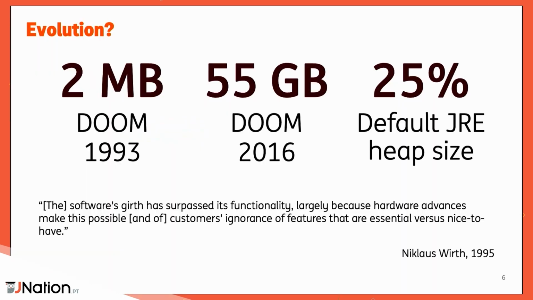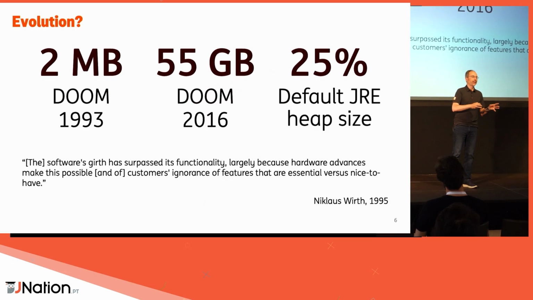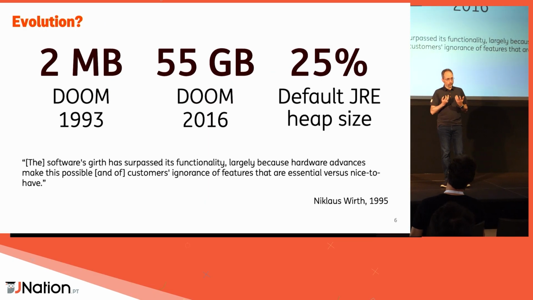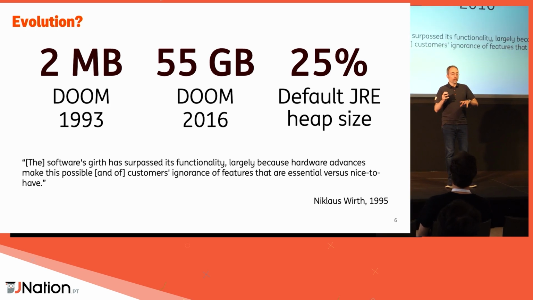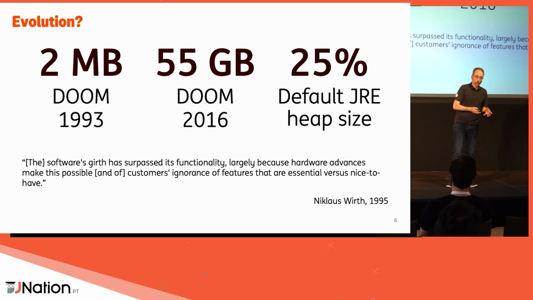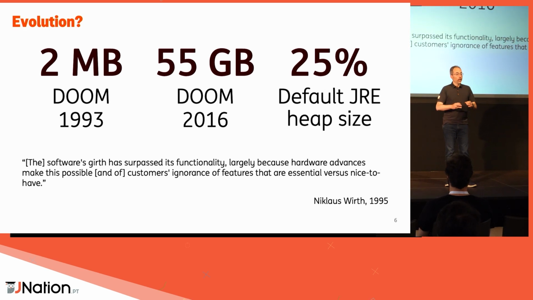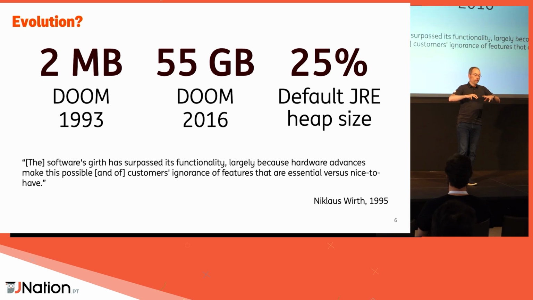Now, I'm not saying that the nice folks who wrote the software are not using resources efficiently, but we can. And this is explosive growth. Just to put it into perspective and to bring it back to the work most of us are doing on a day-to-day basis, nowadays the default setting for the heap size on a program running on the Java runtime is 25% of available memory. So it does not really matter what it is that your program does, but if you do not change it, the JVM will allow itself to occupy 25% of your memory.